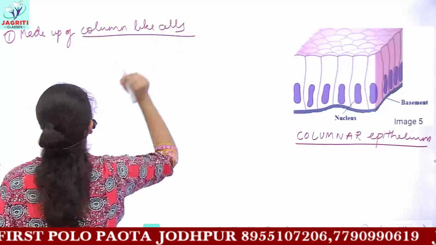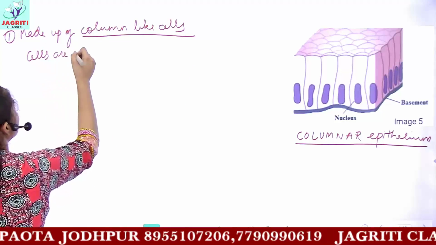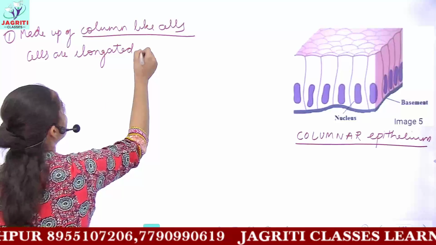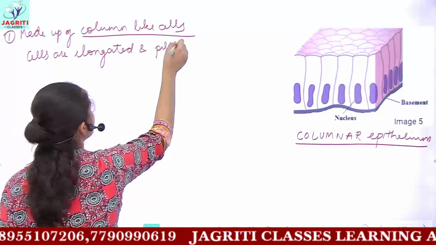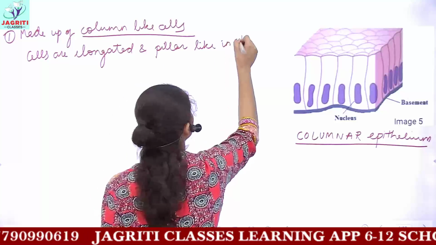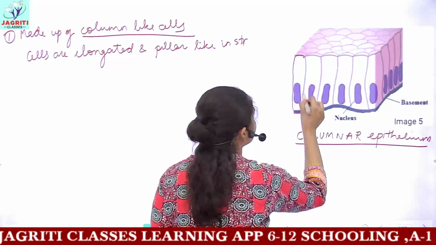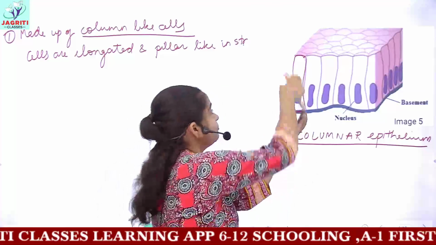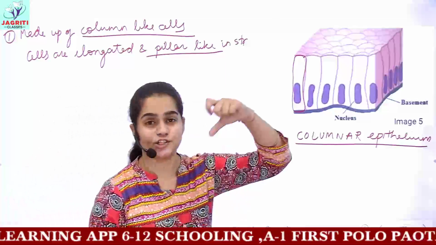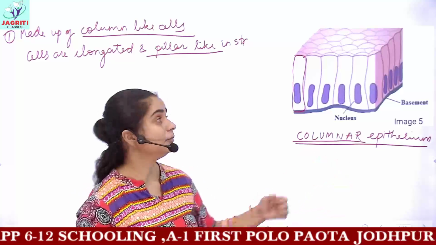Here column-like cells means these cells are elongated and pillar-like in structure. You can see that these cells are quite long. This is one cell, in the form of an elongated, pillar-like structure. This is obviously clear from the name itself, columnar.